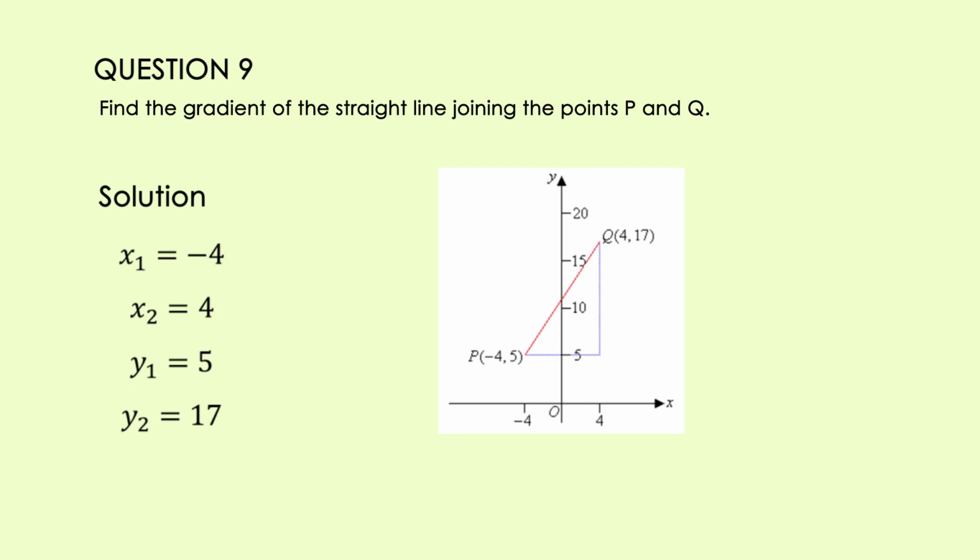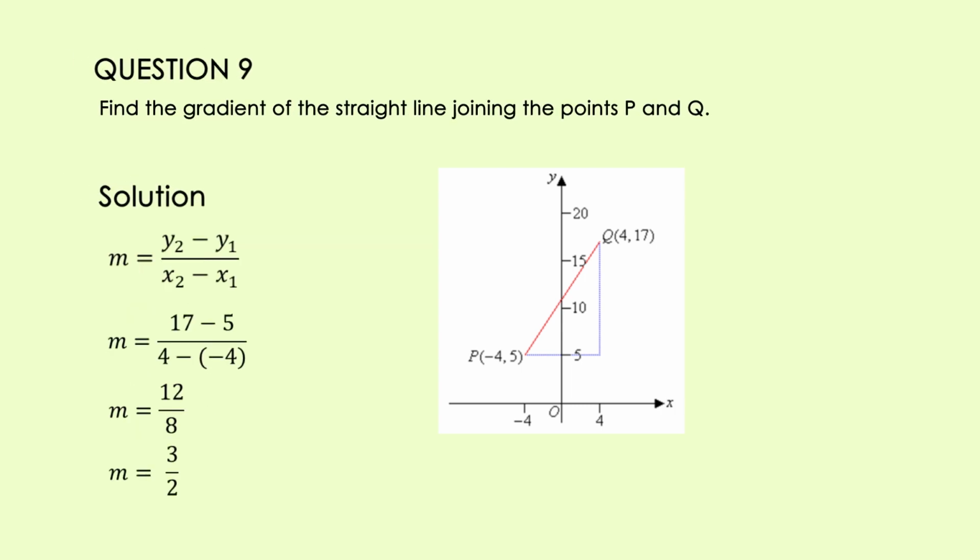From this point, we can state that x1 equals negative 4, x2 equals 4, y1 equals 5, and y2 equals 17. Now, substituting both points into the formula, we will have m equals 17 minus 5 divided by 4 minus negative 4. And finally, the gradient of the straight line is 3 over 2.